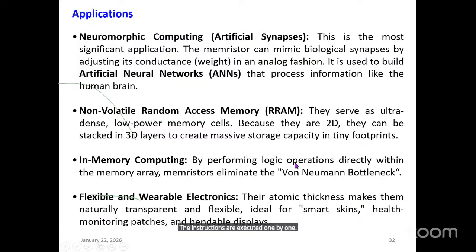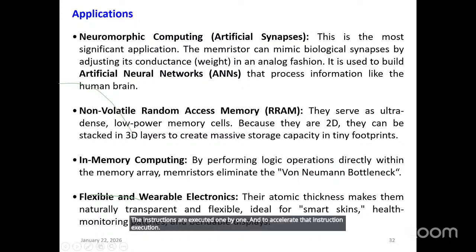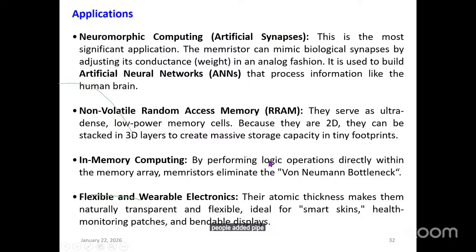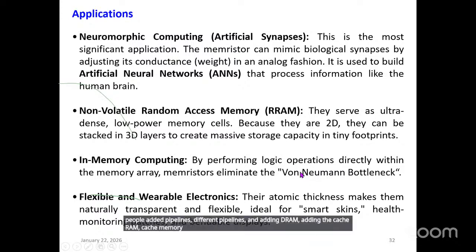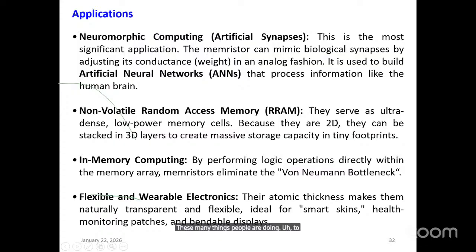To accelerate instruction execution, people added different pipelines, DRAM, and cache memory on the processor. People do these many things to increase the speed of the processor and to remove the bottleneck because of von Neumann architecture.